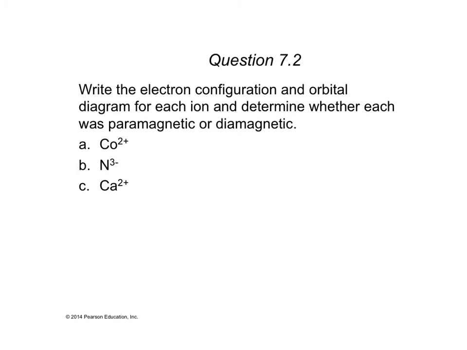When I say orbital diagram here, I only want you to write the orbital diagram for the valence electrons, because for some of these, it can be a gigantic hassle to write the complete orbital diagram. You can use the abbreviated electron configuration, but you should write out the full electron configuration. All right, so go ahead, try that, and come back for the answer.